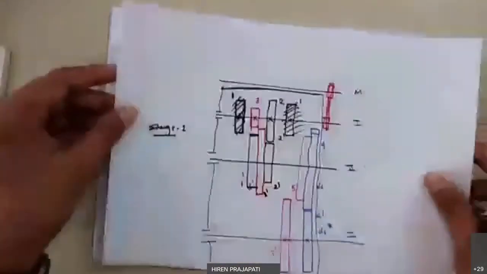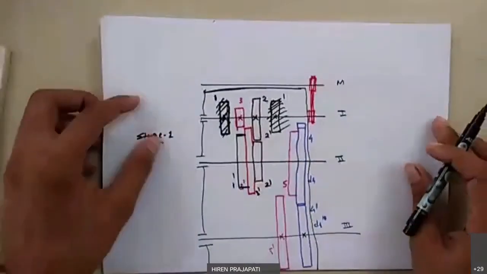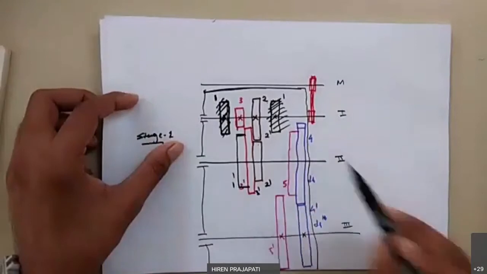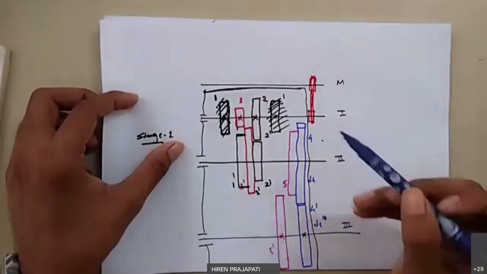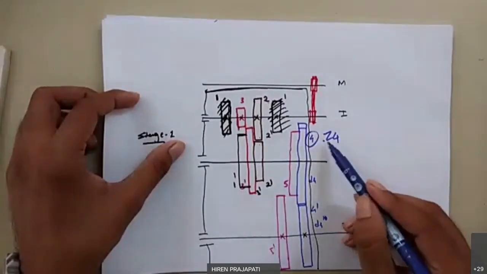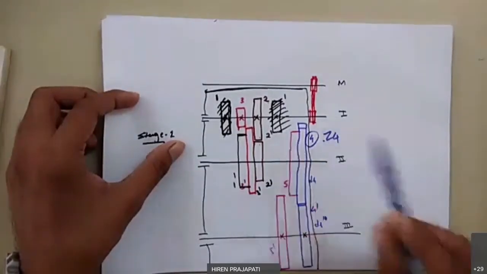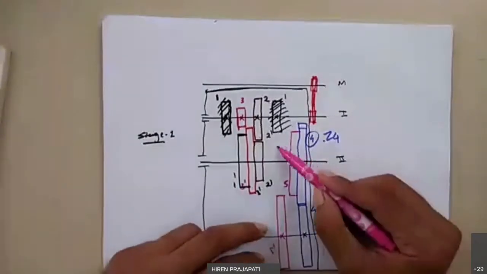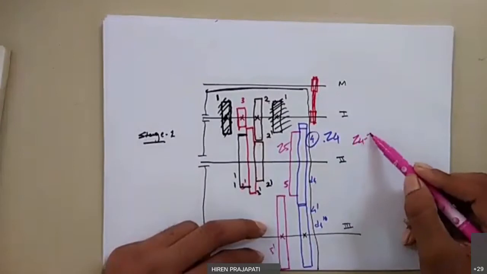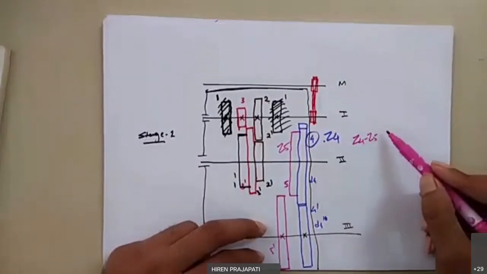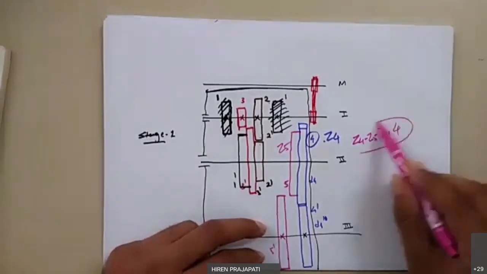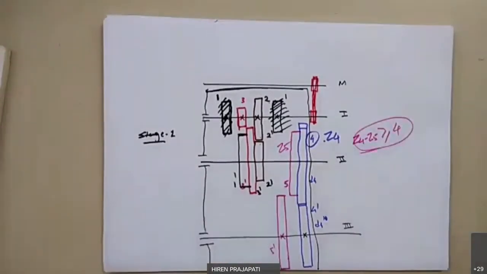If you consider this sliding cluster, then the difference of number of teeth means, if I call this Z4, the number of teeth Z4, and this Z5, then Z4 minus Z5 should be greater than or equal to 4, right?